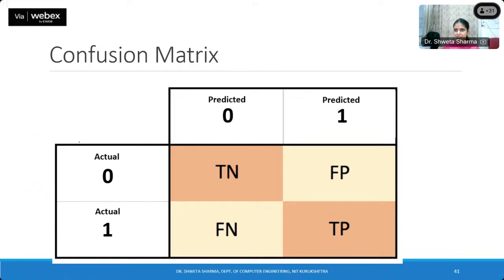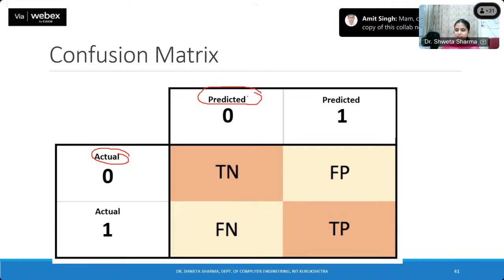So after this evaluating or matching, we need to find some values. Now carefully please see this confusion matrix, because it is actually confusing. First thing is actual and second thing is your predicted.